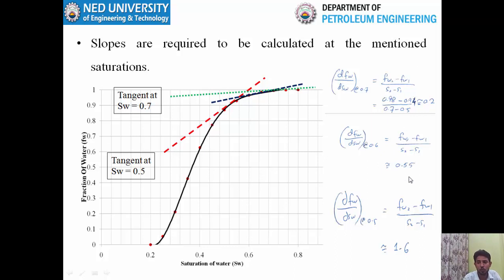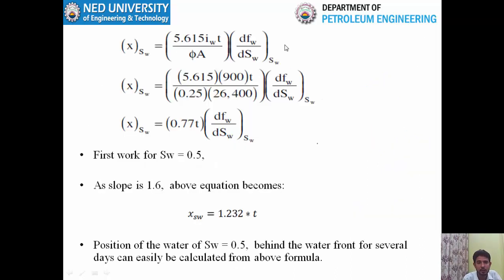From the slopes, and since you know the equation, the time, the injection and other parameters, you can calculate the position of the saturation of your interest. So that's how you use the frontal advance equation to calculate the position of the waterfront and the position of any saturation in the reservoir at different times.